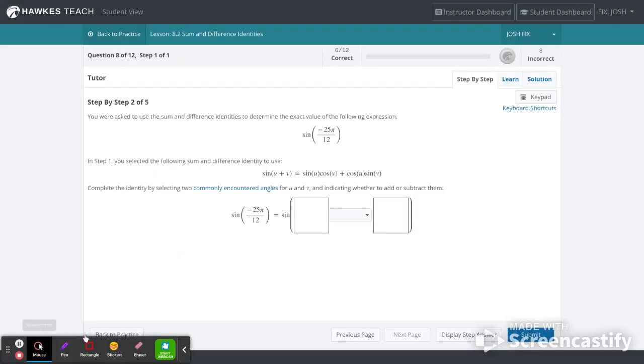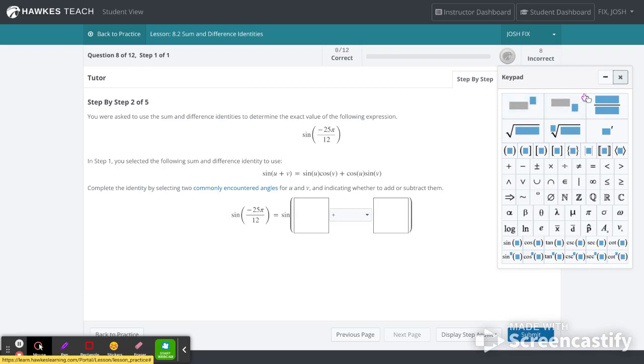So go here. So that means I'm going to take an addition sign, use my keypad, and I'm going to start typing this in. So that would be negative 7 pi over 3. And then that would be pi over 4.